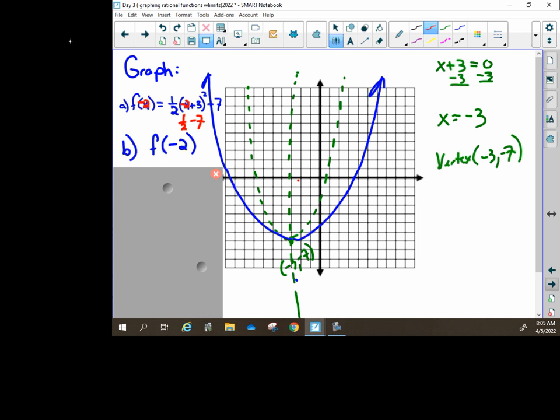So if I go over here to negative 2 and down to the graph, I'm somewhere right around here at negative 6.5. Is that what it looks like? I mean, I'm just drawing a sketch, but that's where this function is.